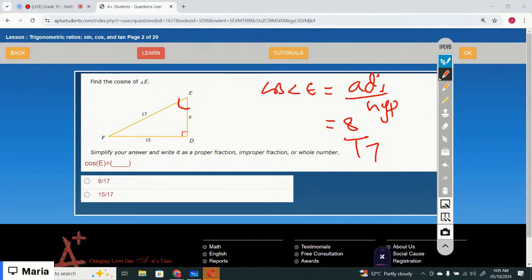Got it? The correct option is option number 1, that is 8 over 17.